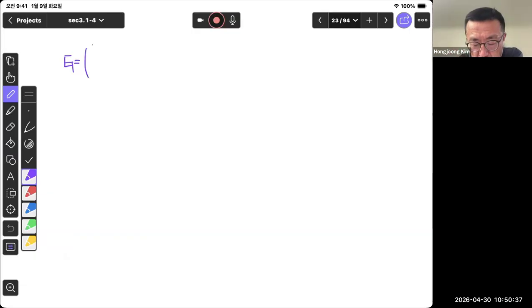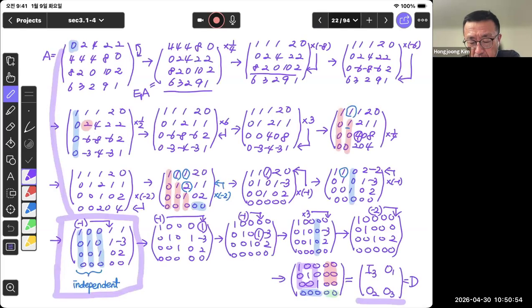So 0 1 0 0, 1 0 0 0, 0 0 1 0, 0 0 0 1 is the elementary matrix corresponding to that interchange operation, right? So for this E1, the second matrix can be written as the corresponding elementary matrix times the original A matrix.